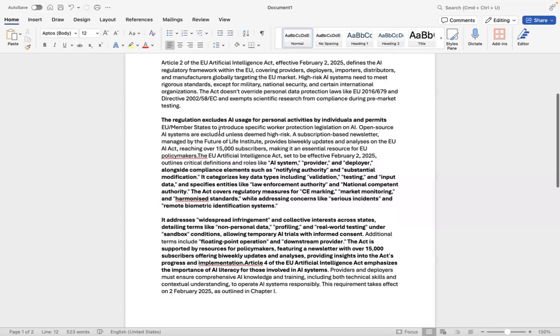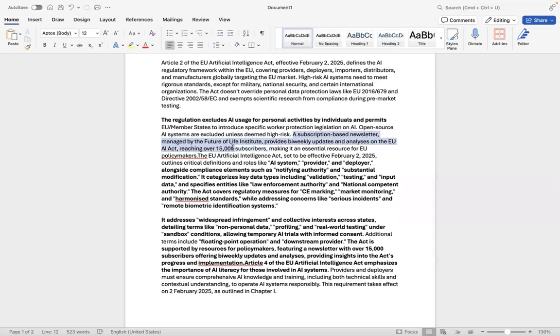The regulation excludes AI usage for personal activities by individuals and permits EU member states to introduce specific worker protection legislation on AI. Open source AI systems are excluded unless deemed high risk. A subscription-based, okay, so this is again a distractor. This was distractor content.